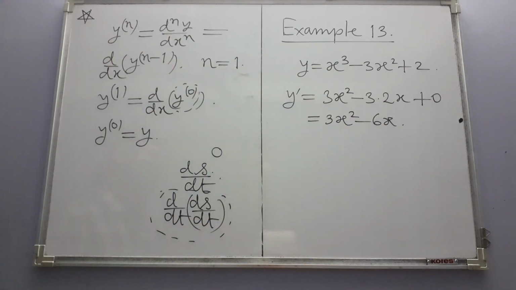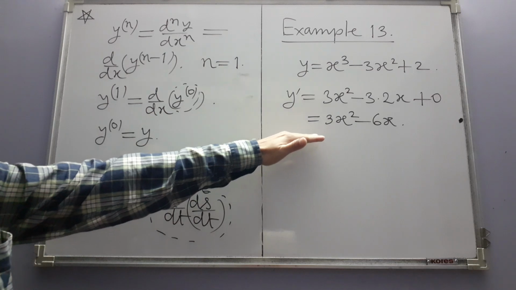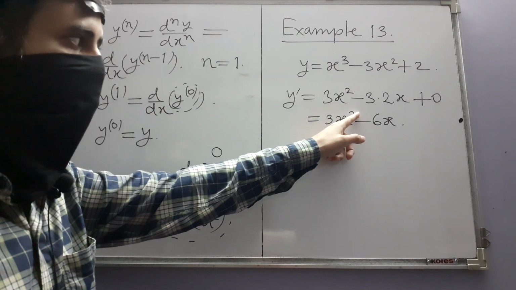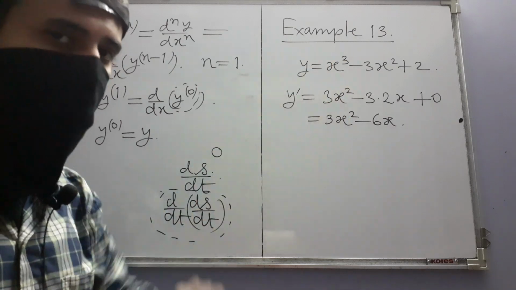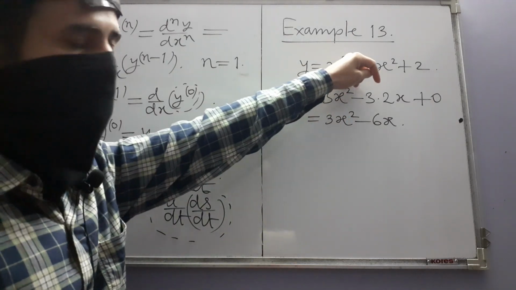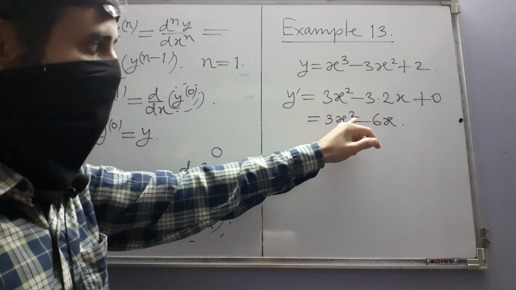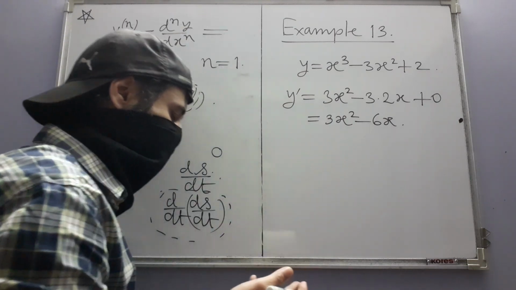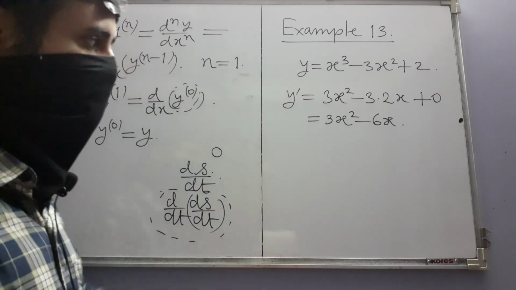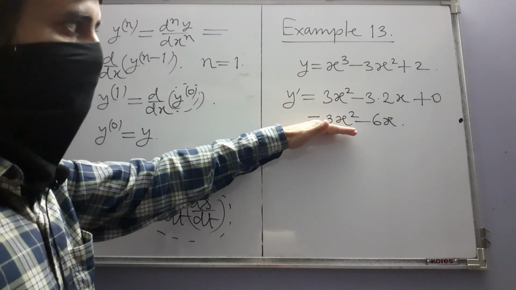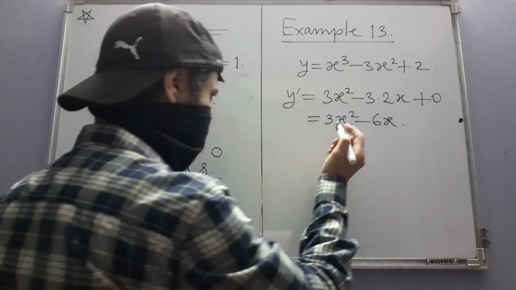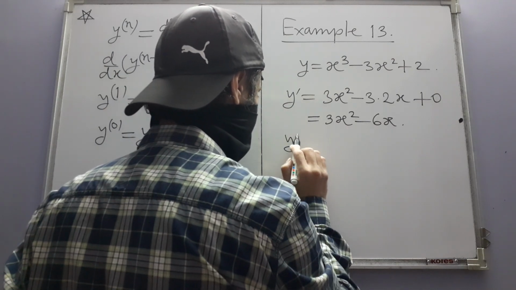And note that any time we differentiate a polynomial, we get another polynomial of degree 1 less than the previous one. This is a cubic polynomial. This is a quadratic polynomial. And because polynomial functions are always differentiable, in this case at least you can keep on differentiating as long as you want. So let's see how far we can go.